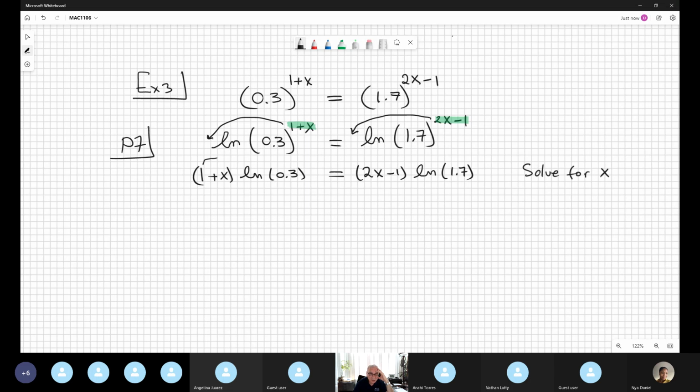You multiply 1 times the logarithm of 0.3, plus x times the logarithm of 0.3, equal. And the right-hand side, similar: 2x times the logarithm of 1.7, minus the logarithm of 1.7.